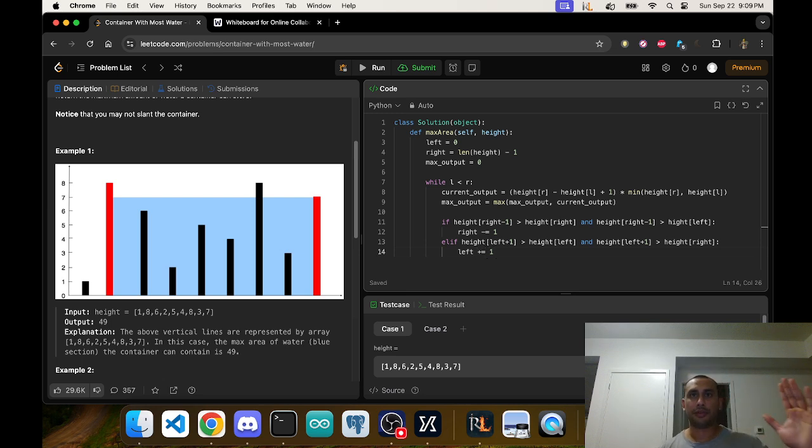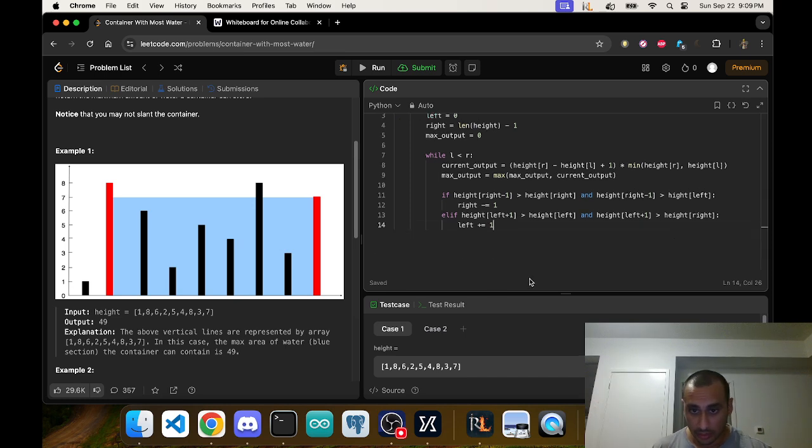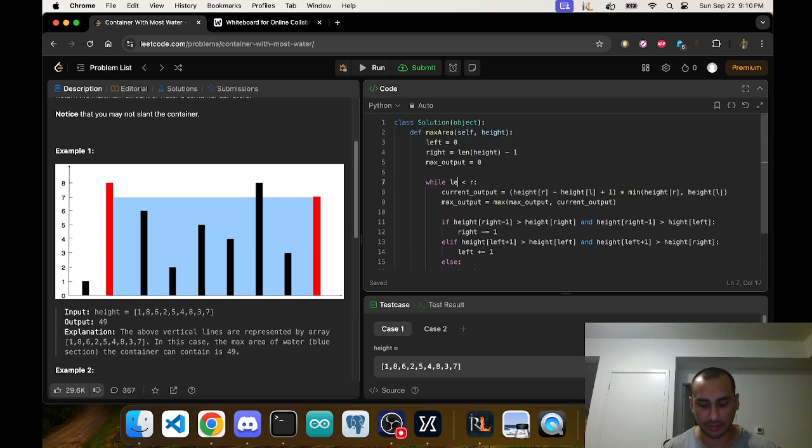So I either move left towards the end or right towards the beginning. And then else break out. Actually, it's going to keep doing its thing anyways. Else break. That way I just get the max of whatever I do, with the new left and right. It's not L and R, it's left and right.